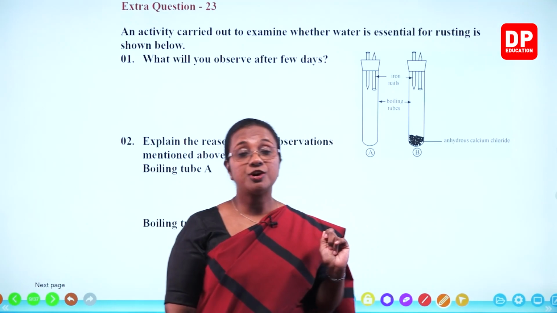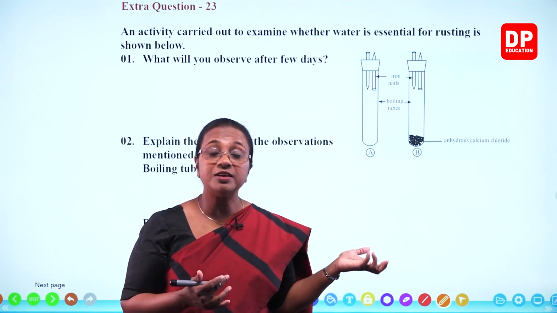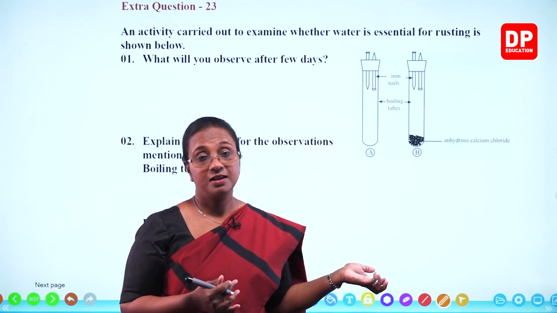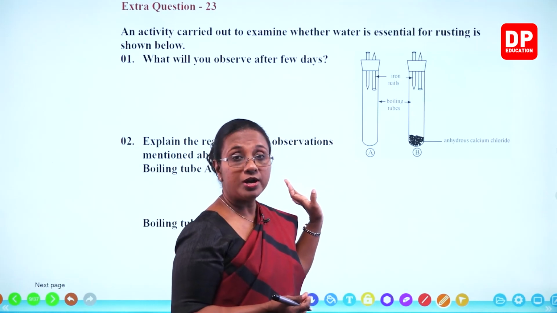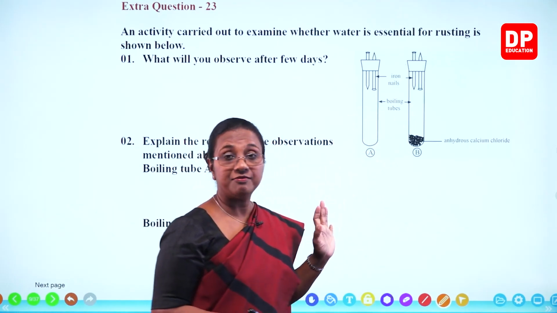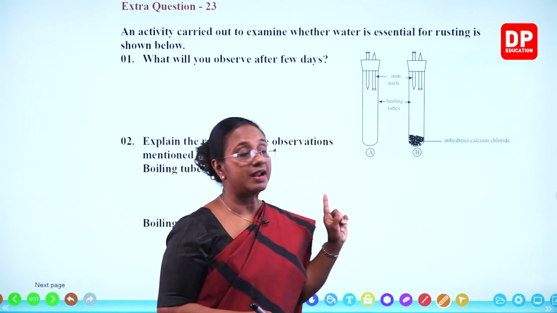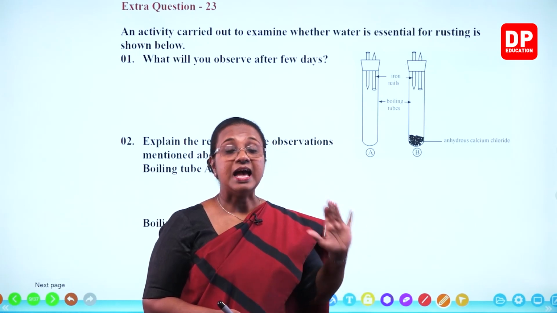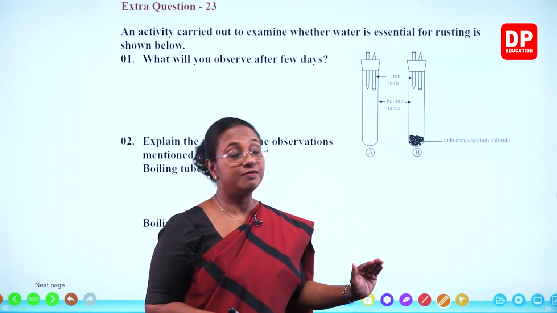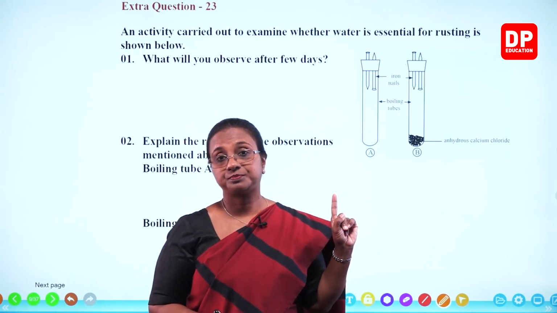You all know the function of anhydrous calcium chloride. It absorbs water vapor from air. So what will happen? We have iron nails in both the boiling tubes. In both we have air. But in boiling tube B, because of anhydrous calcium chloride, it will absorb water vapor and there will be no water vapor inside the boiling tube here.